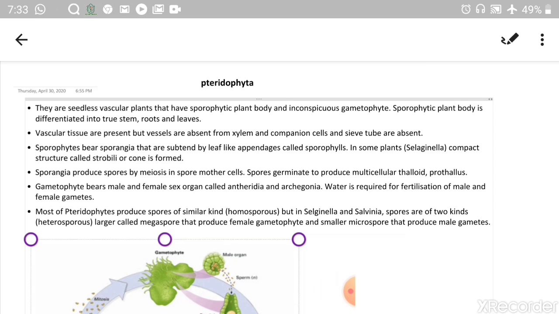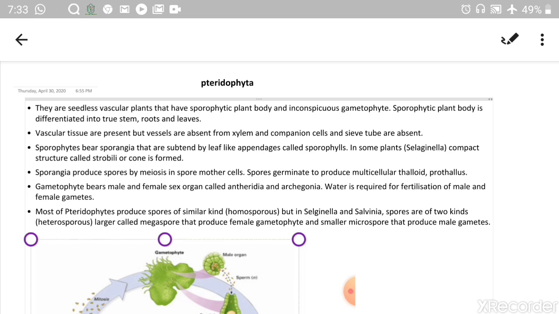In some plants, these sporophylls get compact and form cone like structures which are called strobili, and such strobili form in Selaginella and Equisetum. In these sporangia, spores are produced in spore mother cells by meiotic division, which is a reductional division, and haploid spores are produced.